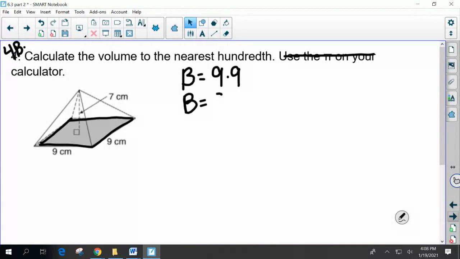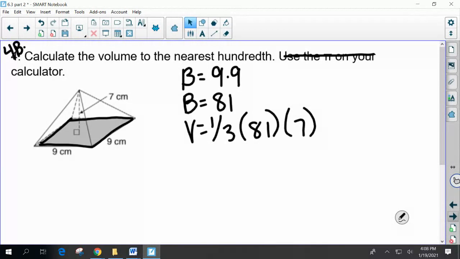So capital B equals 81. And then for the volume, I'm going to take 1/3 times 81 times 7. So that equals 189 centimeters cubed.